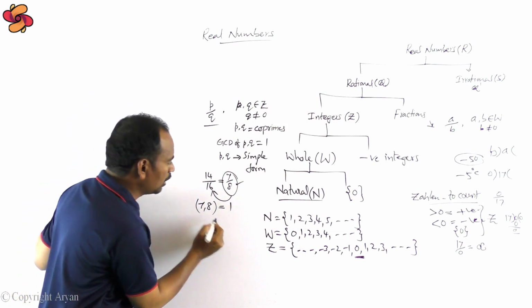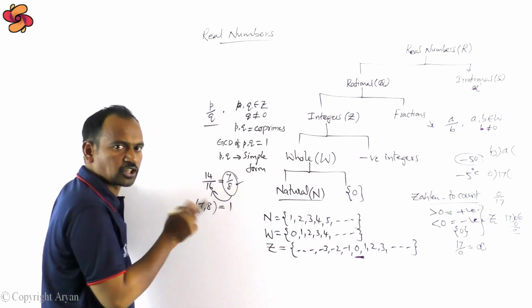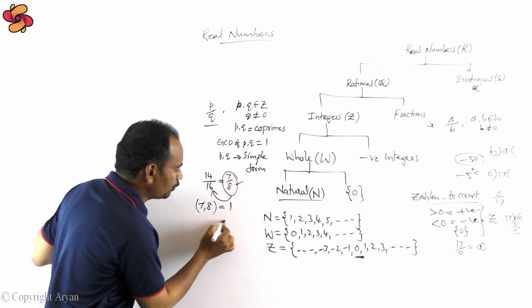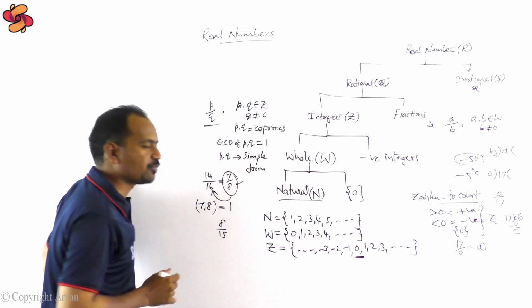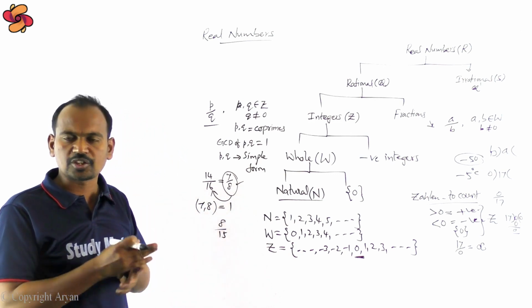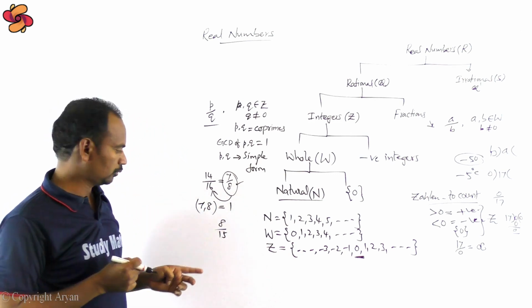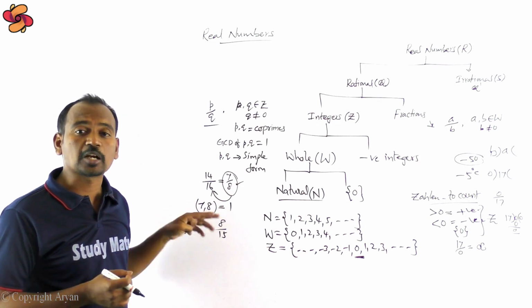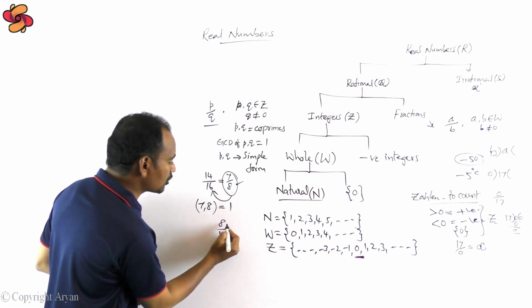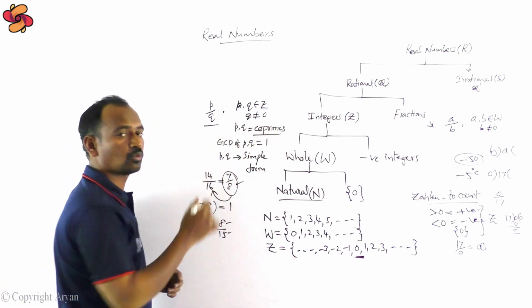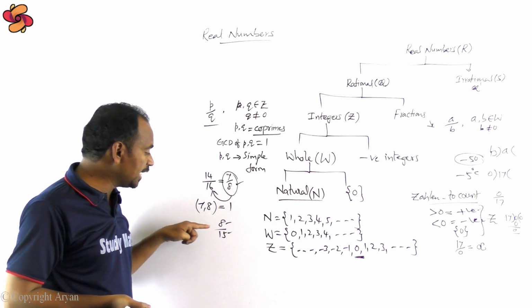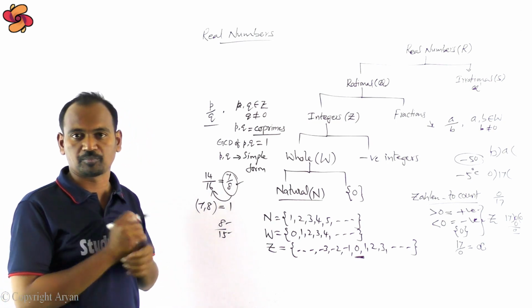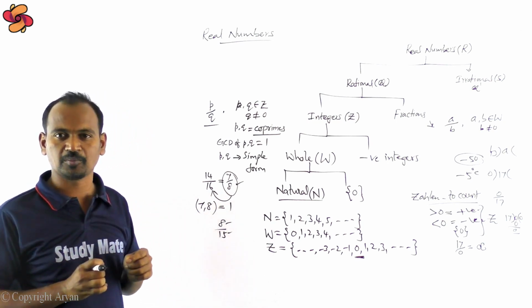And see, these are also co-prime actually. Suppose you take 8 by 15. 8 is not a prime, you know that, and 15 is also not a prime. Even though they are not prime, both are said to be co-primes. Why? These two are already in the simple form. The fraction is in the simple form, we can say.